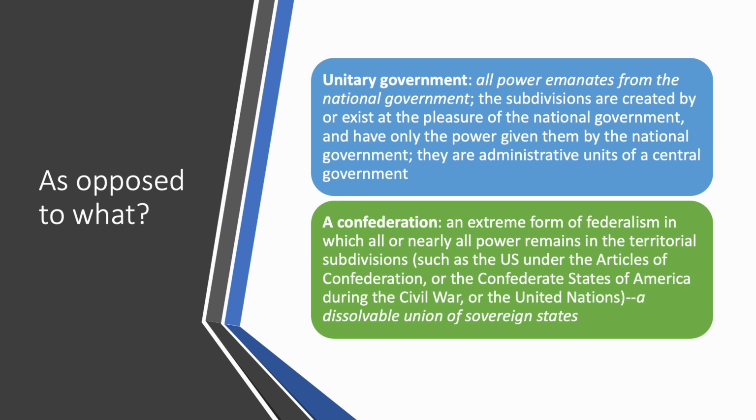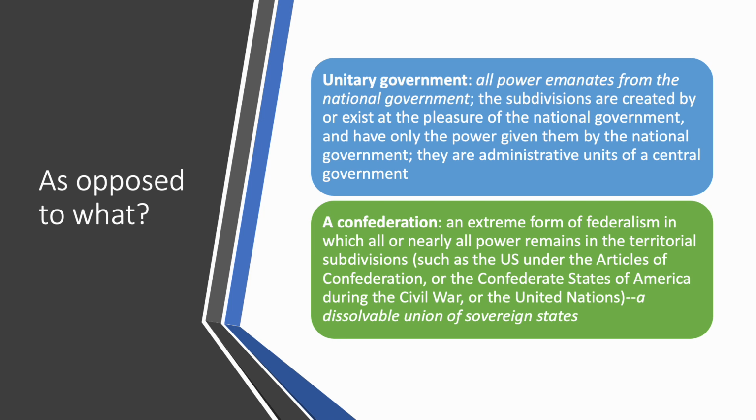Well, there's two alternatives. One would be a unitary government, where all the power emanates from the central or national government, and the subdivisions are basically just administrative subunits of a central government. They are not autonomous governments that have their own power and their own connections to the people. That would be what's called a unitary government. And that is a very common way to run a country.